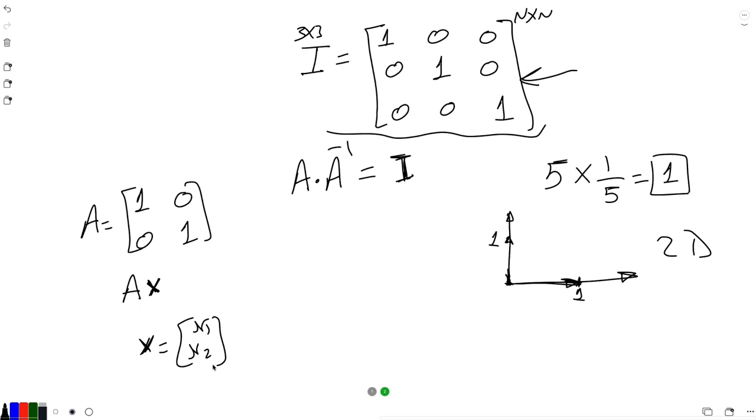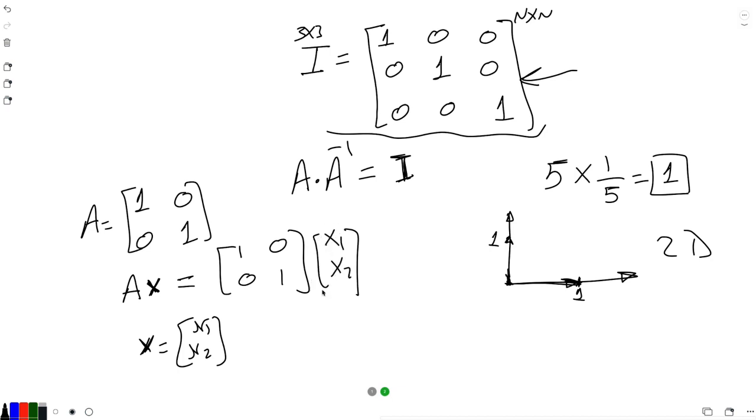Simply, you can do row multiplication, or you can do column multiplication, as we explained in the previous session. If we do it the conventional way, as row multiplication, it will be 1 0 0 1 times x1 x2.